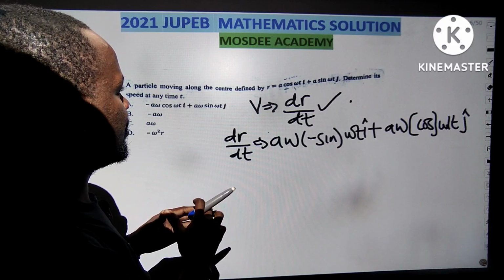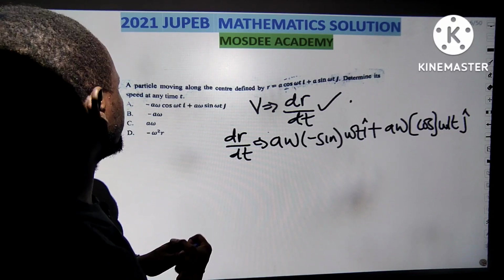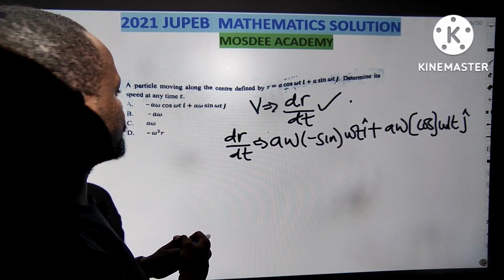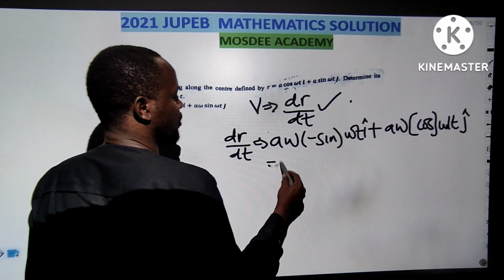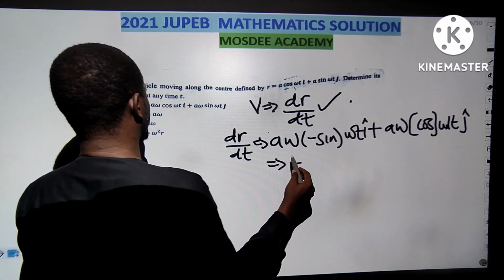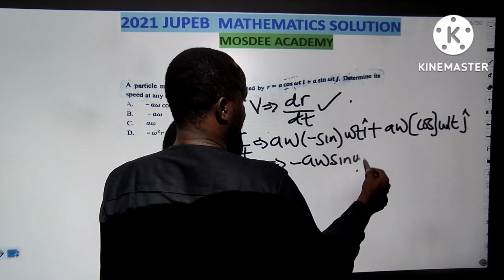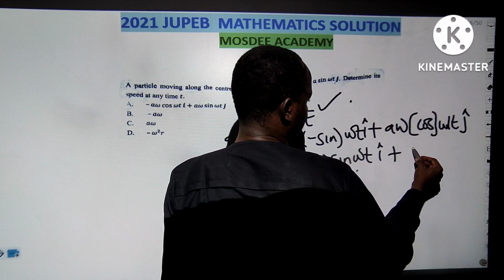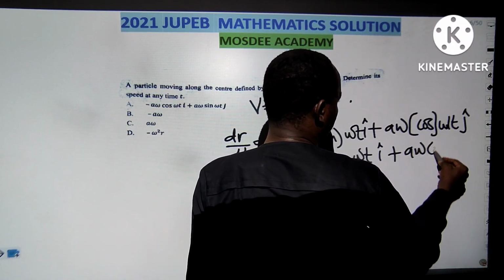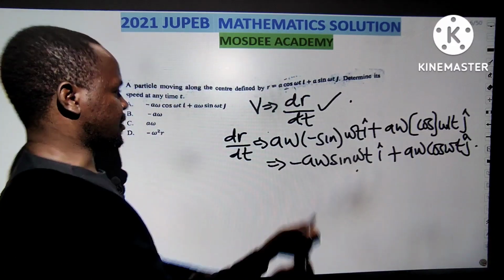You have to be careful about it. When you differentiate cos it gives you minus sine, and when you differentiate sine, it gives you cos. So what I'm having here is minus a omega sine omega t i plus a omega cos omega t j. So this is the answer to the question.